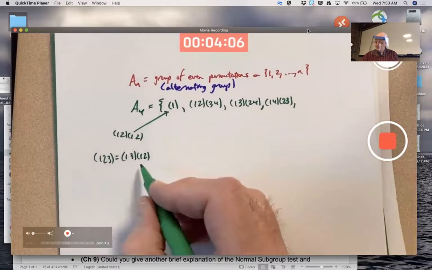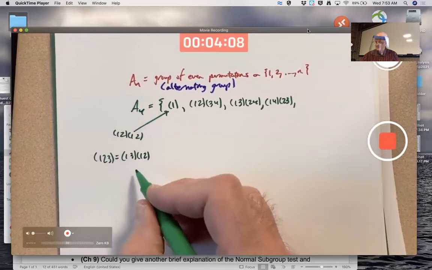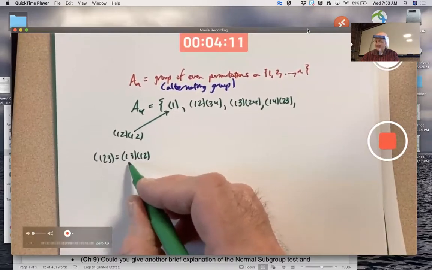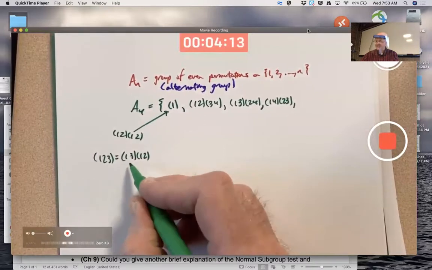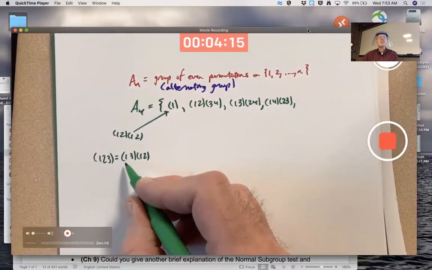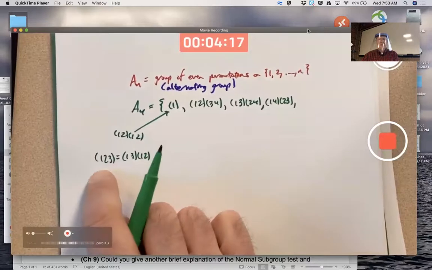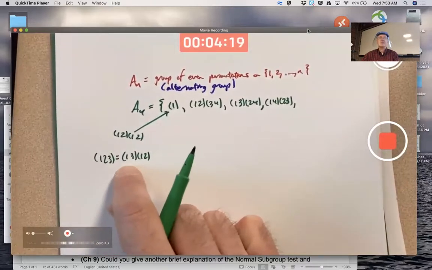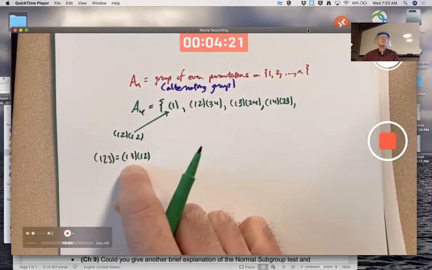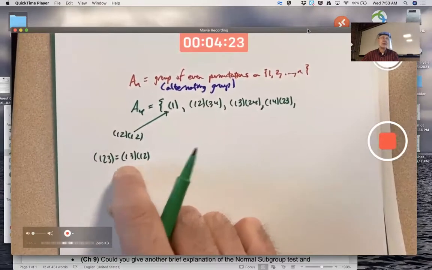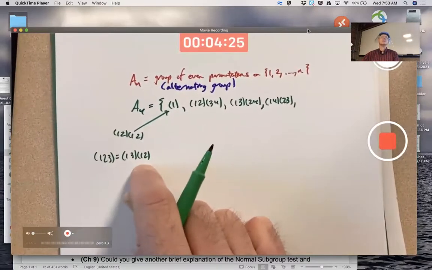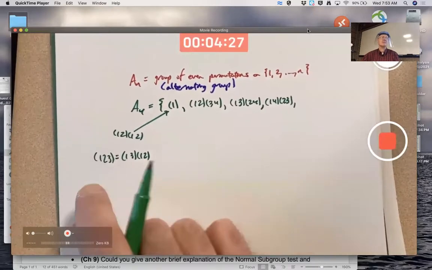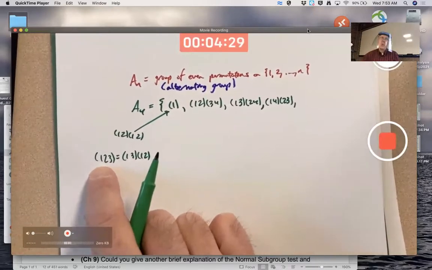Right? 1 maps to 2, 2 maps to 1, which gets mapped to 3, and then 3 gets mapped to 1. That permutation can be written as a product of an even number of 2-cycles. They're not disjoint, but they are 2-cycles, an even number of them, and therefore it is an even permutation, even though it's got an odd order. It's got order 3.